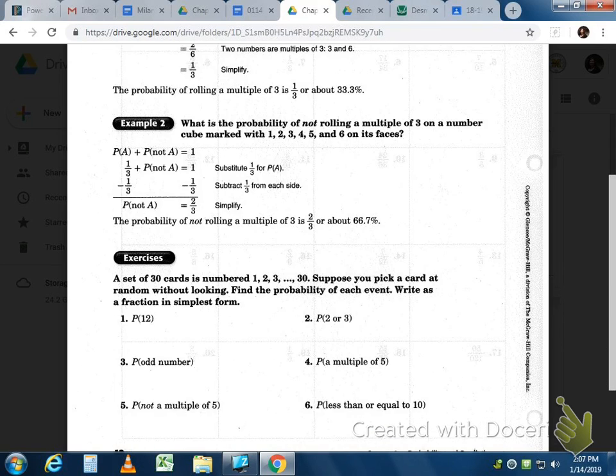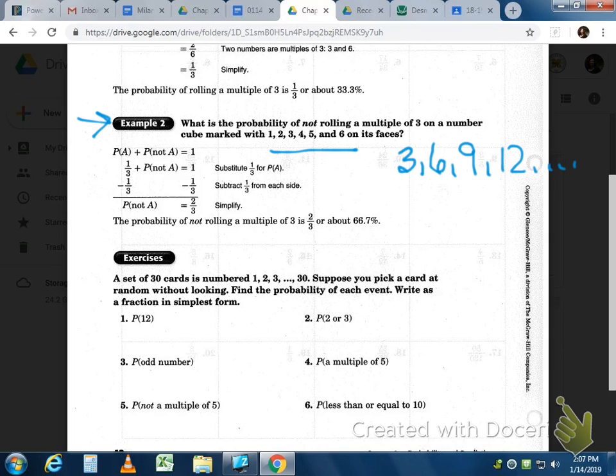So example 2 says, what is the probability of not rolling a multiple of 3? So we're talking about multiples of 3. We said they're 3, 6, 9, and 12, and so on. If I look at this number cube, not a multiple of 3, would that be 1, 2, 4, 5?